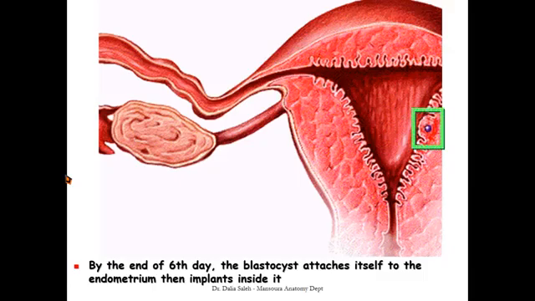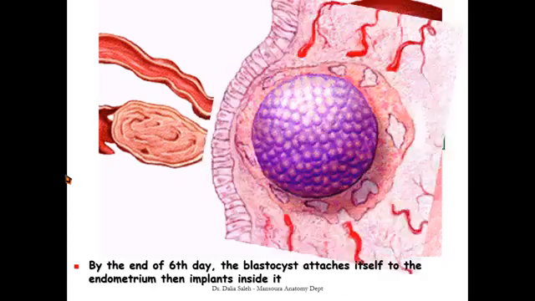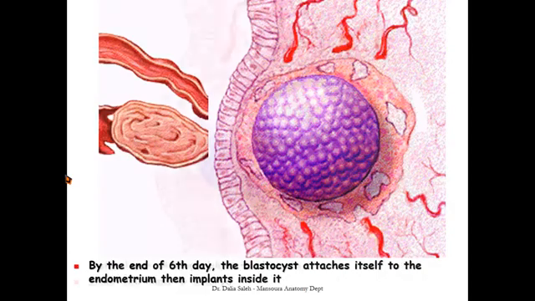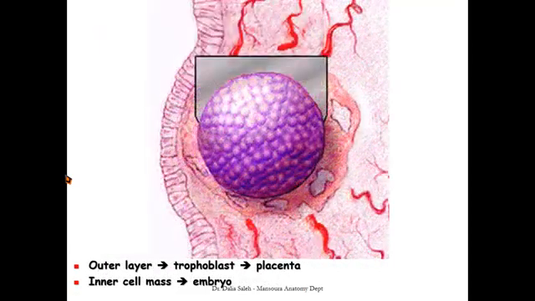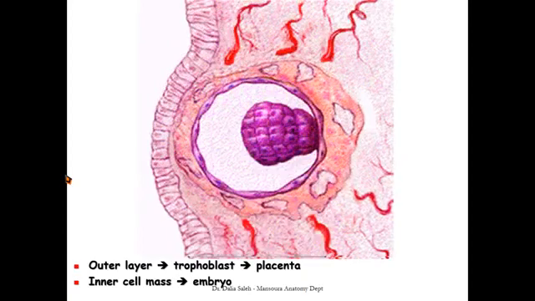If we enlarge it here, it looks like this, and in a cut section, we will see that it has an outer layer called the trophoblast and an aggregation of cells at one pole, called the inner cell mass.